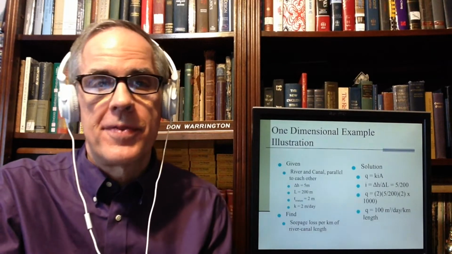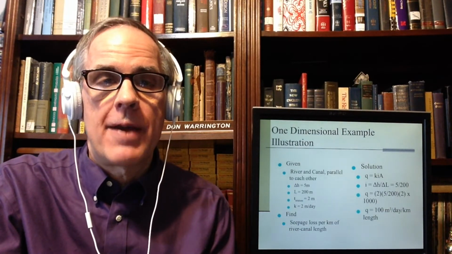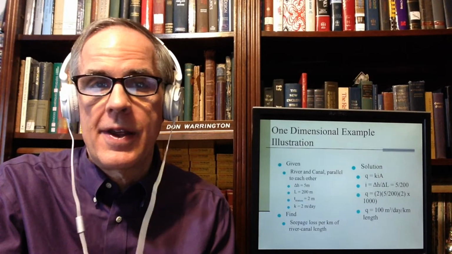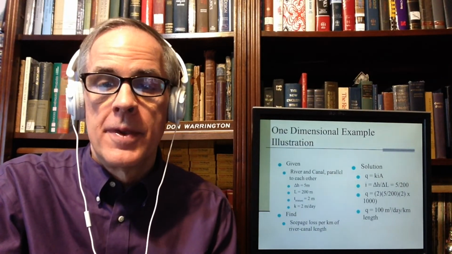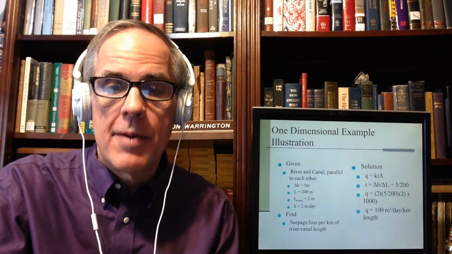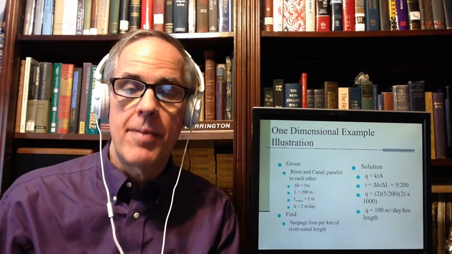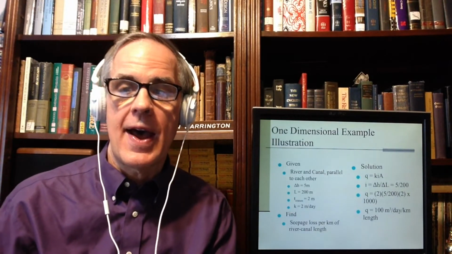Fine, and you'll see virtually every type of velocity used for K under the sun. So don't just brace yourself. Find the seepage loss per kilometer of river channeling. So we take our basic equation. Q is equal to KIA.